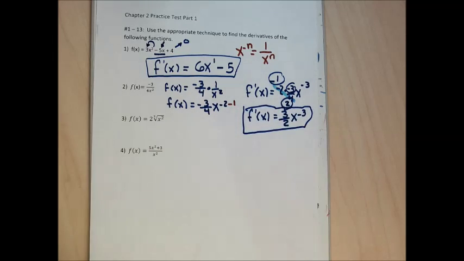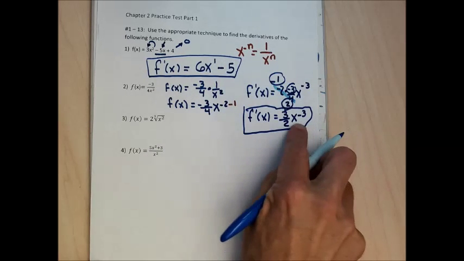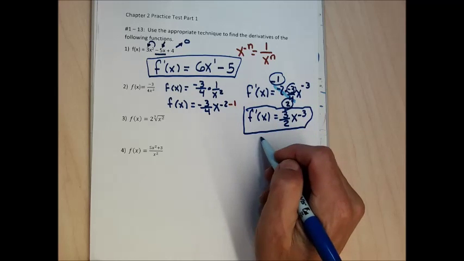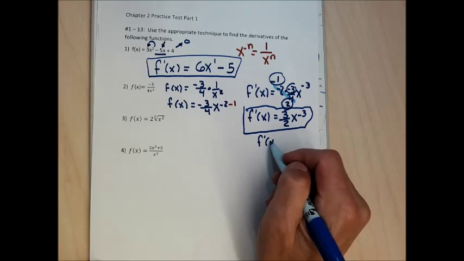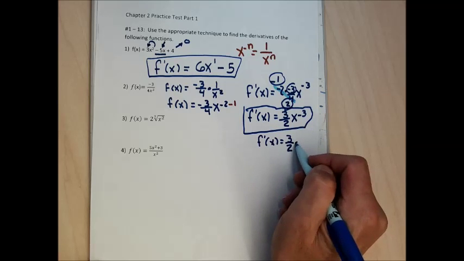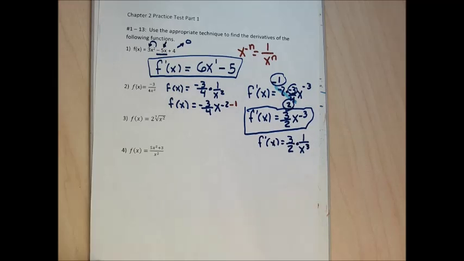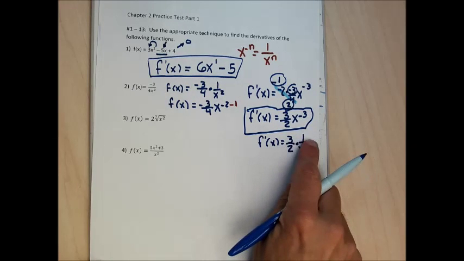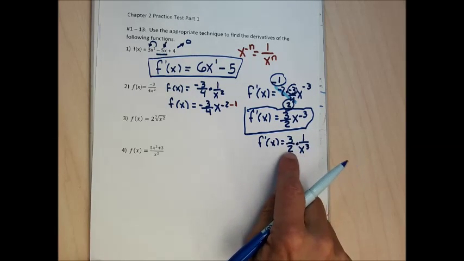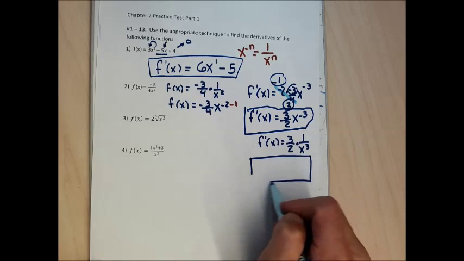Probably not the answer I'll have on my key. On my key, I'm going to use the rule to make this exponent back into a positive exponent. And on my key, I'm going to do an extra step. I'm going to say this 3/2 x to the negative 3 is the same as 3/2 times 1 over x cubed. And then I'm going to multiply the 3 times the 1 in the numerator and the 2 times the x cubed in the denominator to get the fraction down from 2 fractions to 1 fraction.